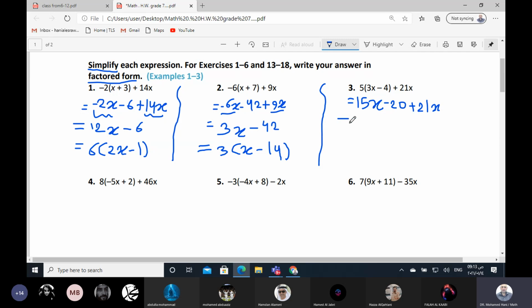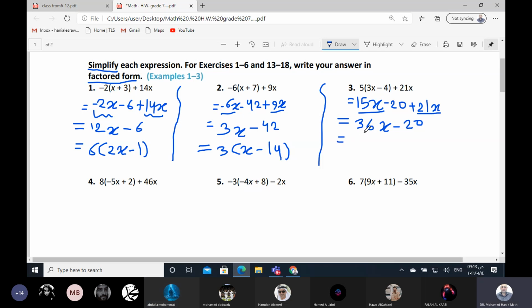Then add the like terms. Here we have 15x and 21x. 15 plus 21x will be 36x minus 20.